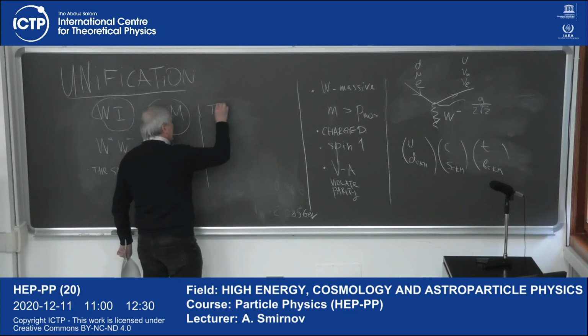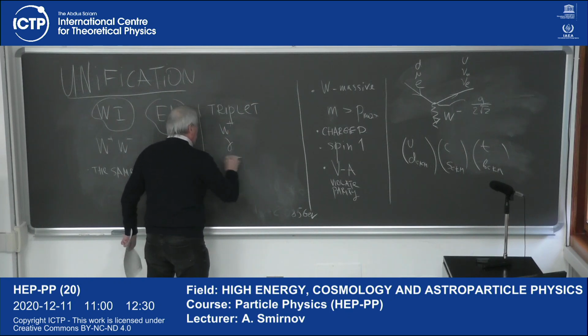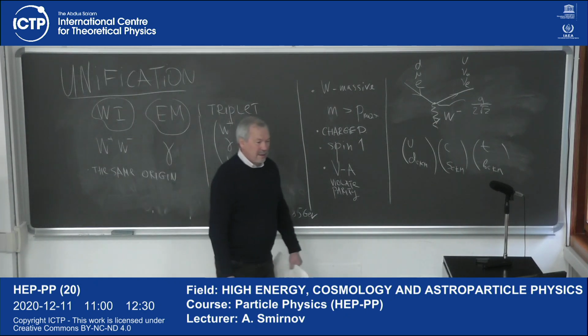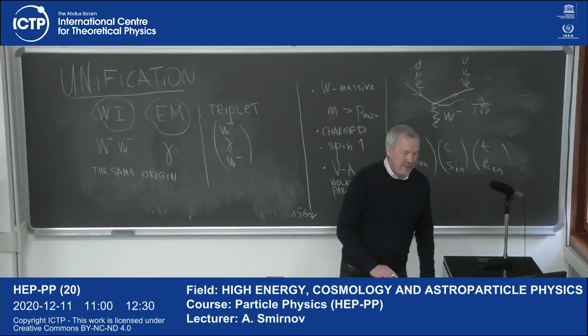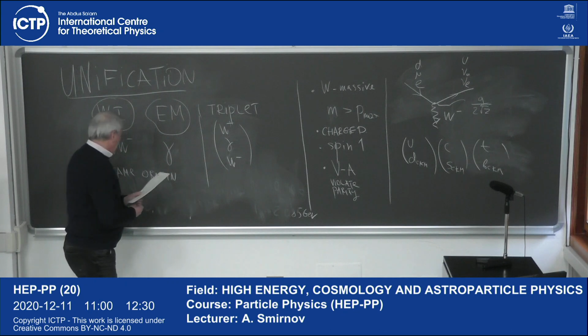Do they form a triplet, like W plus, gamma, W minus, in the same way as we have the isospin triplet of pions? This is the whole idea behind it.